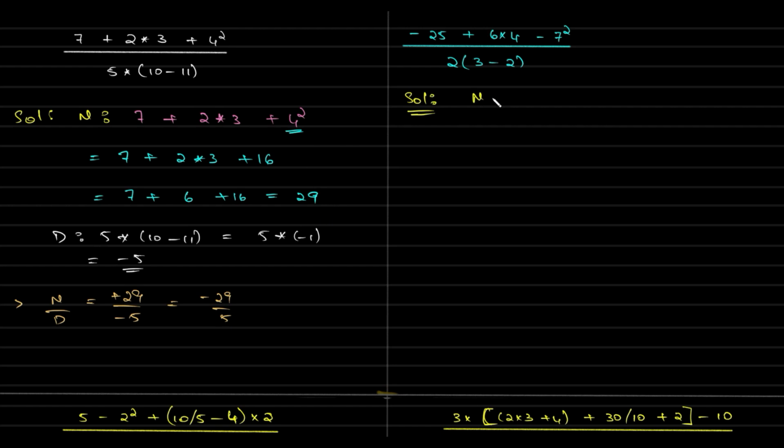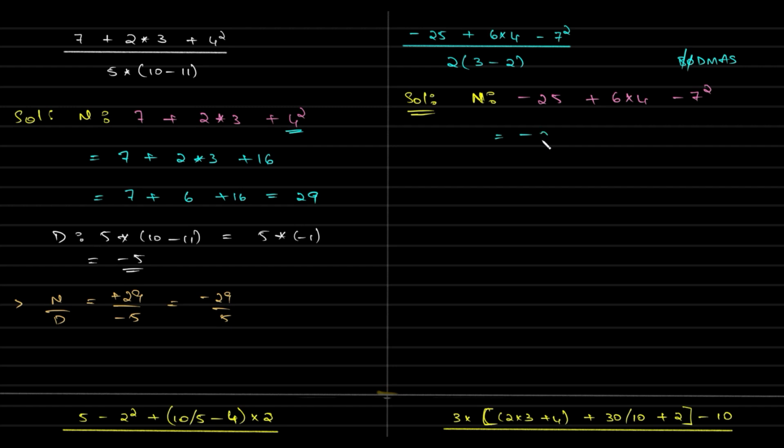So let's start with the numerator. So we have 25, 6 into 4 minus 7 square. So here, okay, let me write Bodmas for this. No brackets. No, we do have an operation.